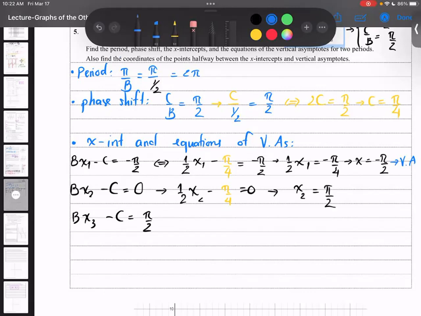That's your x-intercept. The last one, 1/2 x3 minus pi over 4 equals 0. x3 equals 3 pi half. And that's my second vertical asymptote.